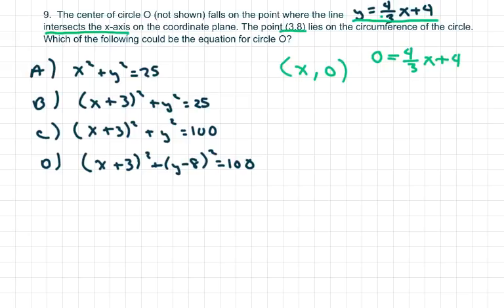Subtract the 4 and multiply both sides by 3/4. So that's going to give you negative 4x equals 12. So x equals negative 3. Now we know the center is at negative 3, 0. So it has to be either B or C.